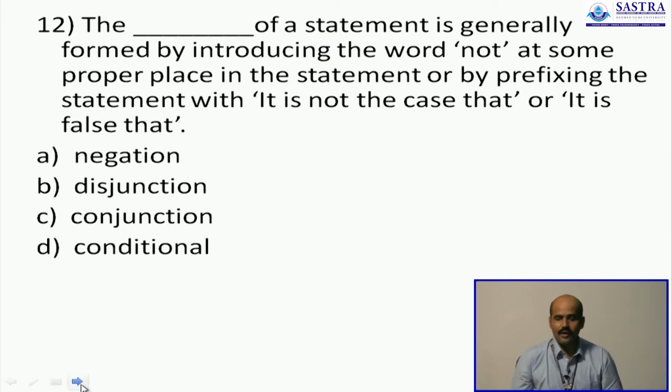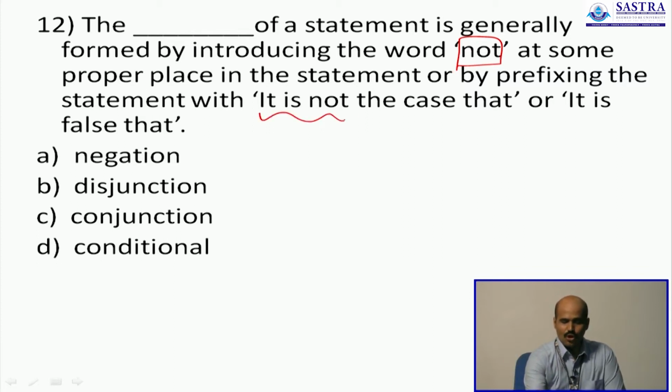The last part, now we are asked to have a look at a definition and find out what the definition actually points at. A statement which is generally performed by the introduction of the word not at some proper place in the statement, or by prefixing the statement with it is not the case that, or it is false that.